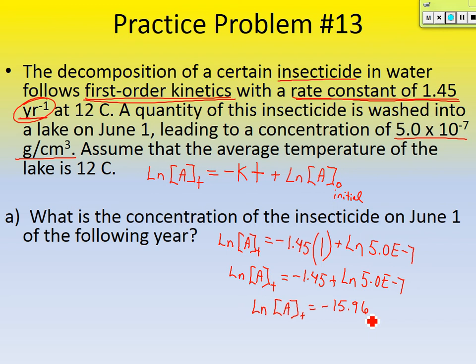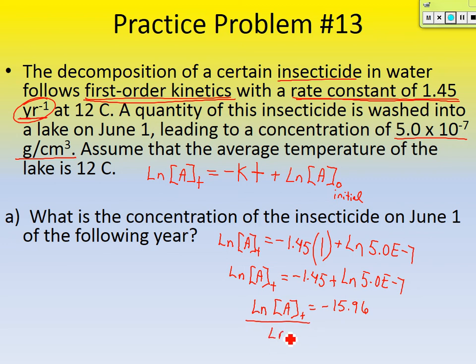Okay. Now, a bit of a math trick. I don't know if you've learned about logarithms and natural logarithms, but what's the opposite of natural log? e. The inverse of natural log is e. So if we want to get the concentration of A at some time by itself, we need to do the opposite of that.